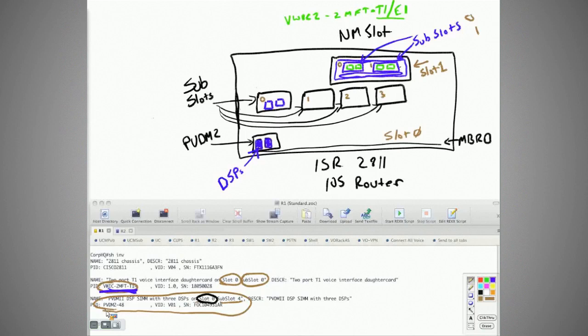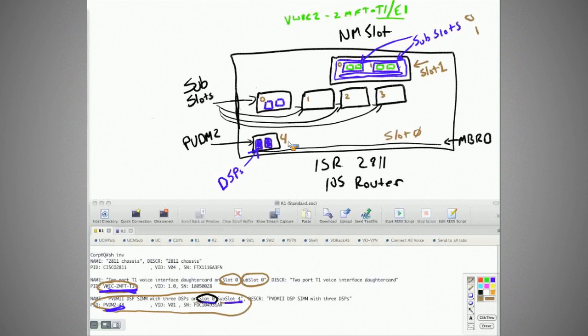And we also know that this PVDM, which is in slot 0, subslot 4, is an internal subslot being used directly on the motherboard for our PVDMs. The 2811 happens to have 2 of those. So it's important that we know what's where.